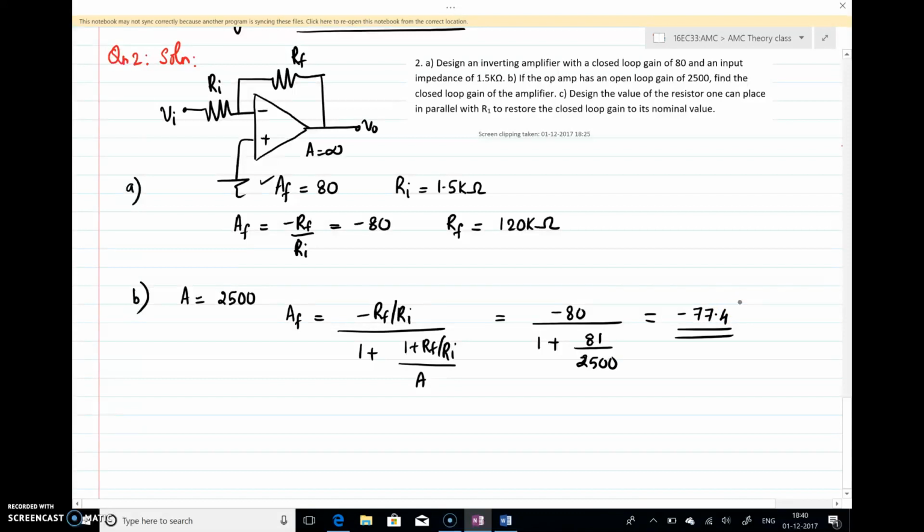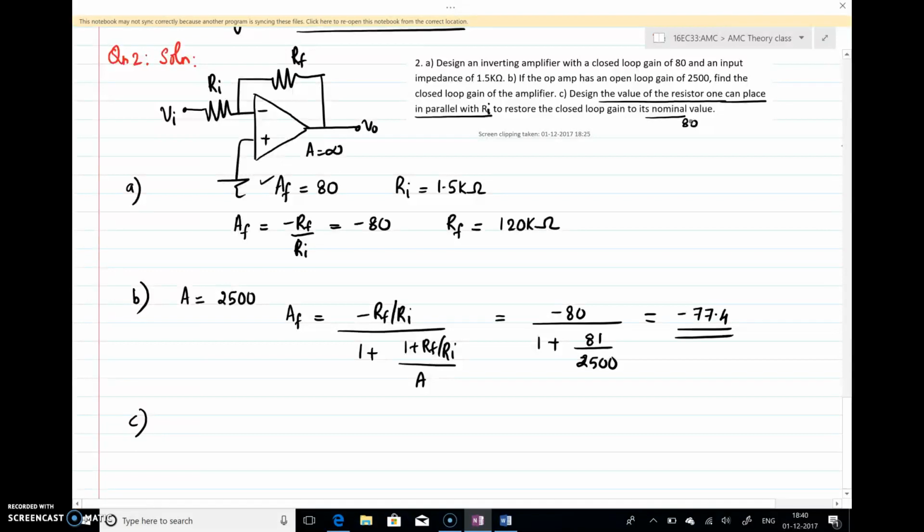Now if you look at the third part of the question, C, it says to design the value of a resistor one can place in parallel with R1. Here R1 is nothing but Ri in our case, to restore the closed loop gain to its nominal value. The nominal value of closed loop gain is what is given in the question, that is 80.